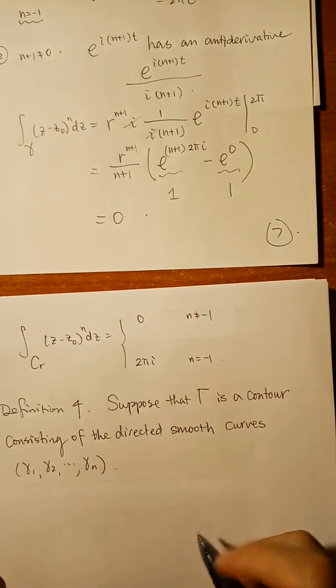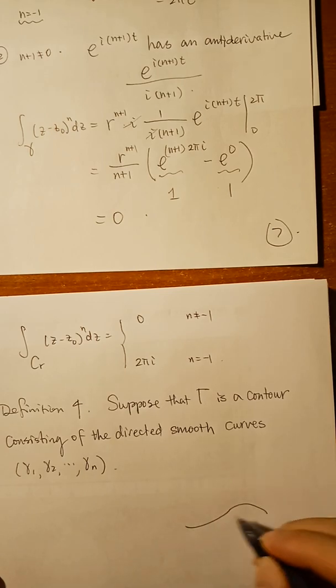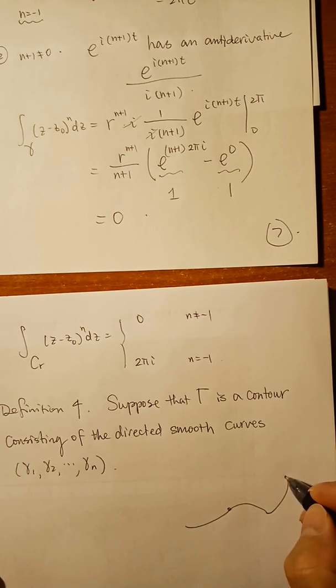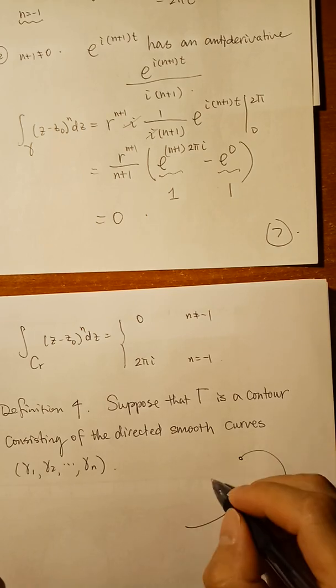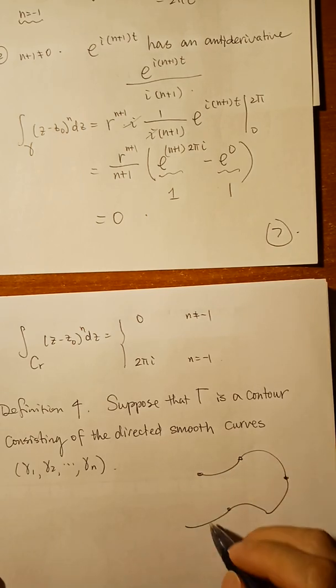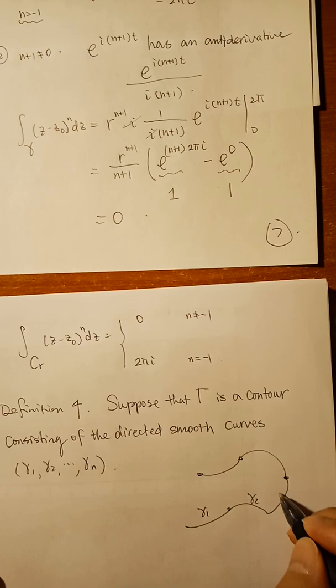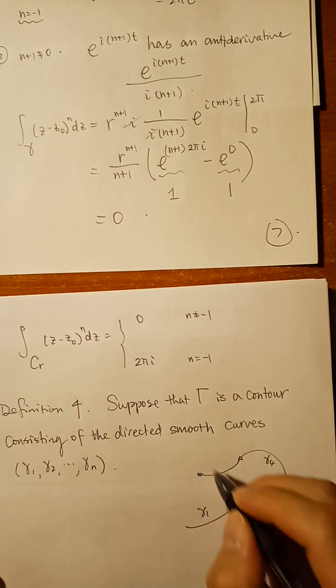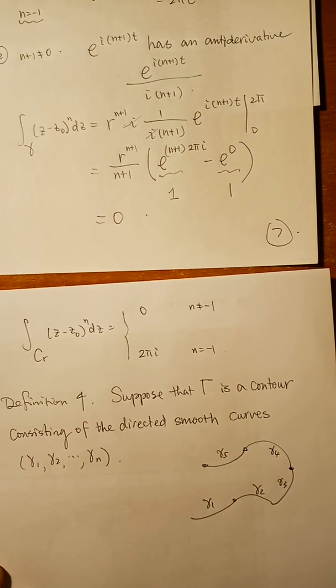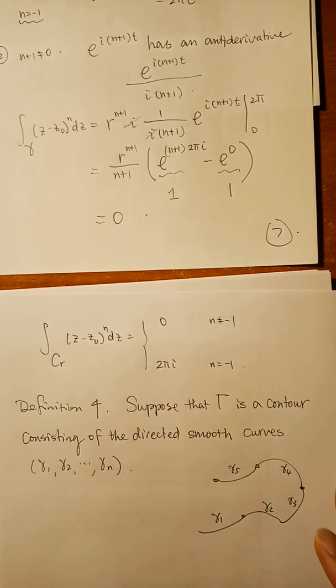So you have several curves: gamma 1, gamma 2, gamma 3, gamma 4, gamma 5. It's not necessarily closed, just piecewise smooth.